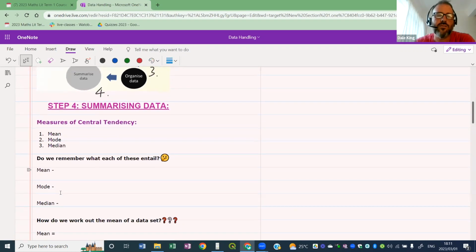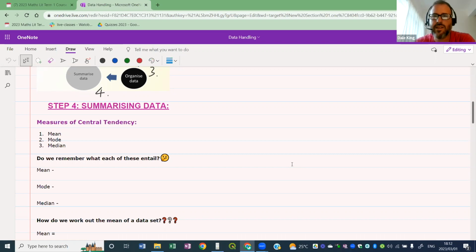The mean, you add, let's say in a classroom we have 50 learners, and their marks are out of 50. You're going to take all those marks, add them, and divide by the total number of learners.